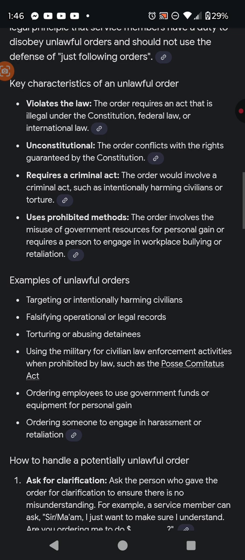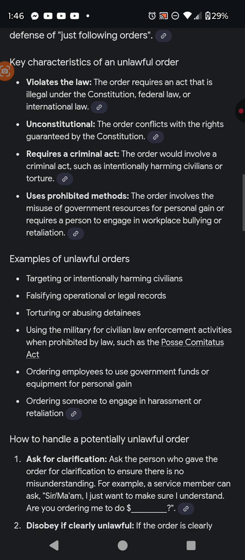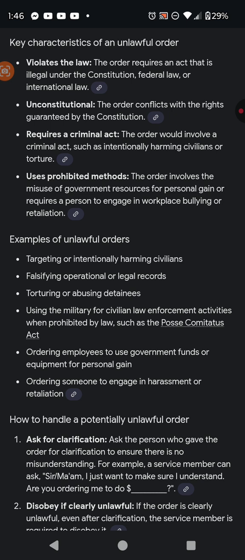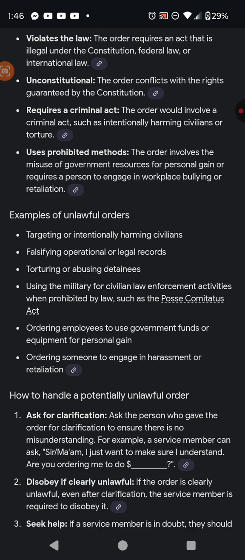The order would involve criminal acts such as intentionally harming civilians or torture. Uses prohibited methods. The order involves the misuse of government resources for personal gain or requires a person to engage in workplace bullying or retaliation.